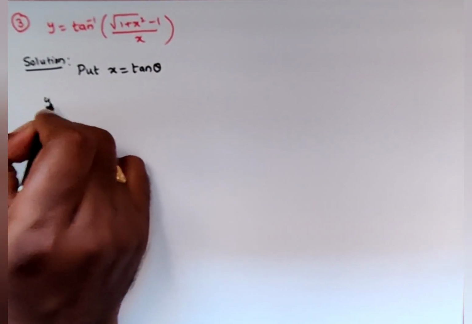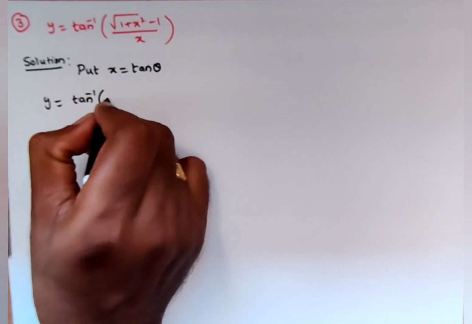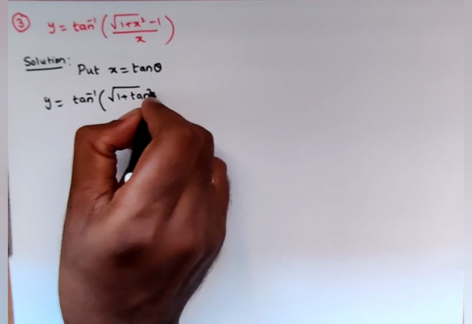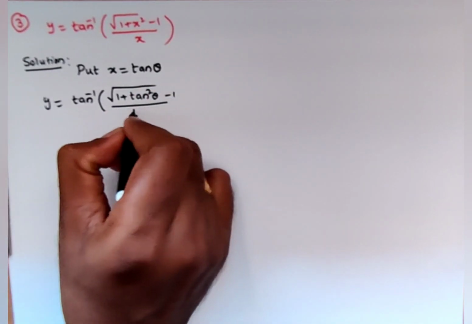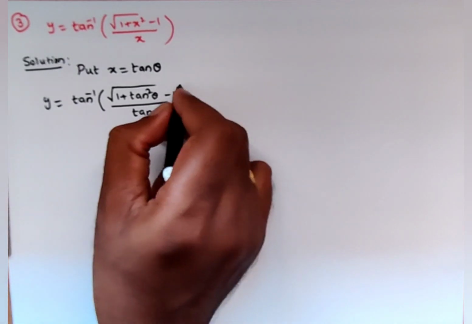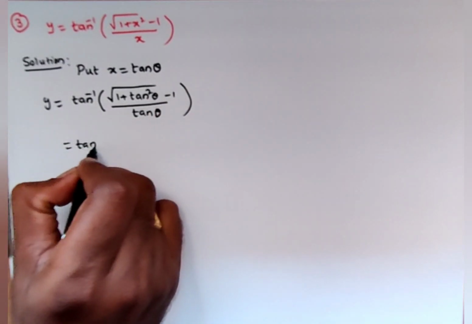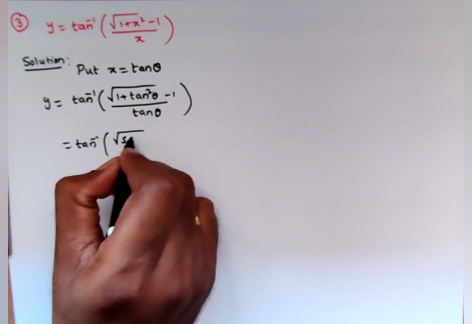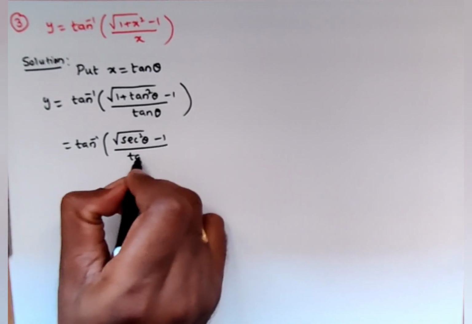Then the given function becomes y equals tan inverse of (square root of 1 plus tan square theta minus 1) divided by tan theta. So this is tan inverse of (square root of secant square theta minus 1) divided by tan theta.